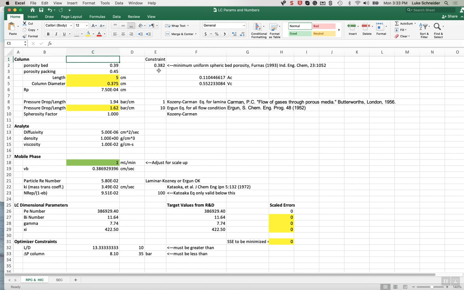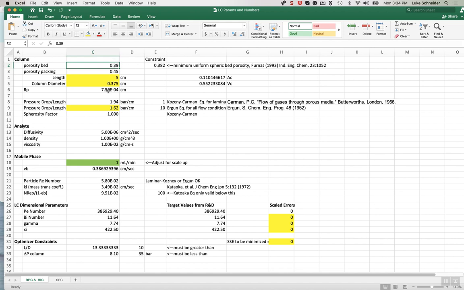So you can never really get a lower bed porosity than that. In most cases, you're about 0.4 to 0.5, and that's normal for chromatography. In laboratory cases, they do a pretty good job of packing columns, so you can get pretty close to that.